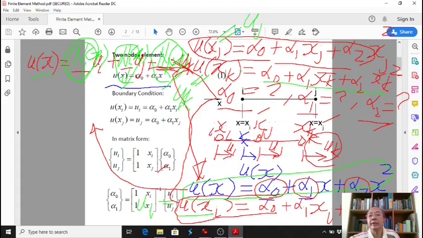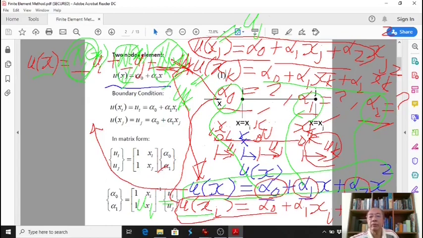After we introduce the three equations, we need to solve to find alpha 0, alpha 1, and alpha 2. Once we found them, we substitute back to u(x) equal to alpha 0, alpha 1 and so on. We substitute to here, and this term we substitute to here.